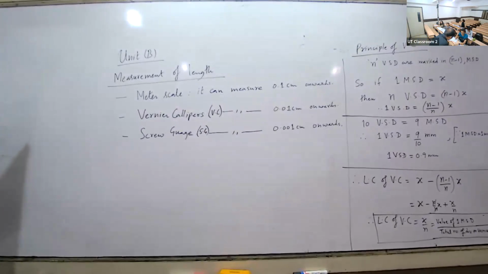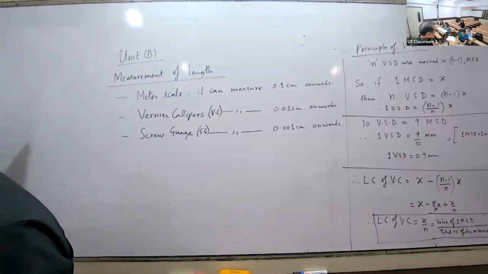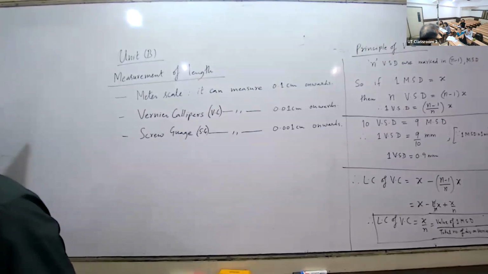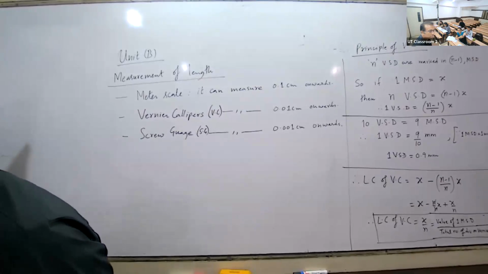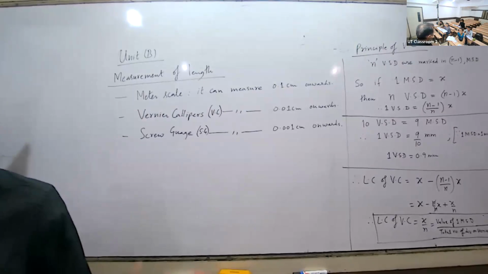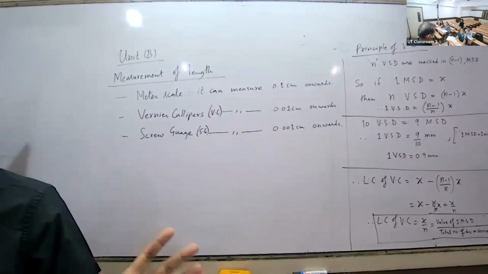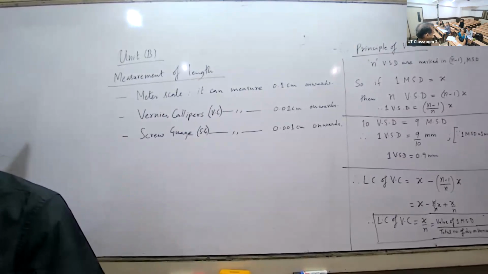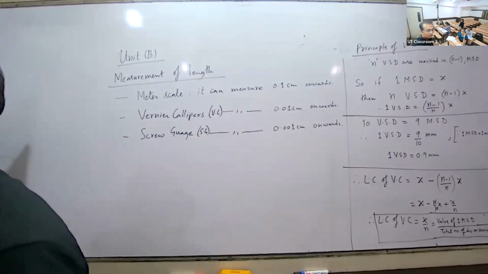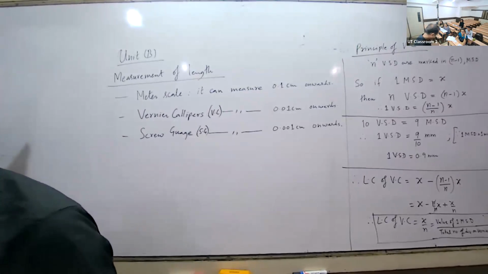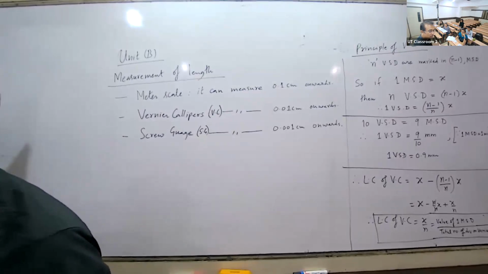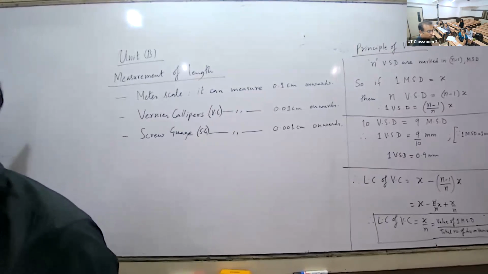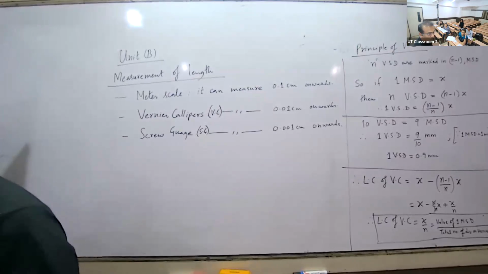Here it is not showing. Right now we are becoming familiar with the instrument. Then we'll see how to use it to measure various things. So let us first calculate the least count of the screw gauge. Then we'll see how to measure.